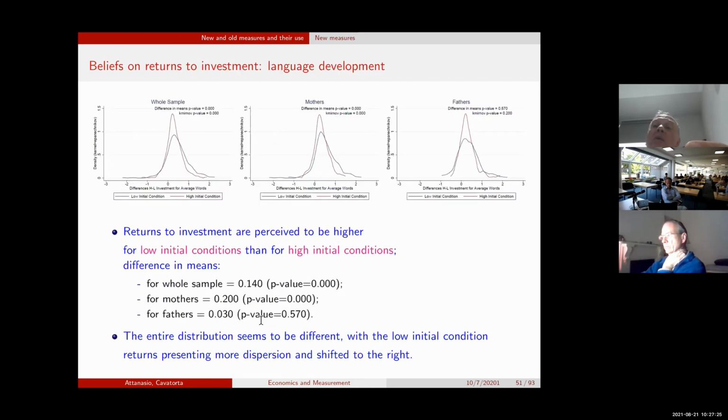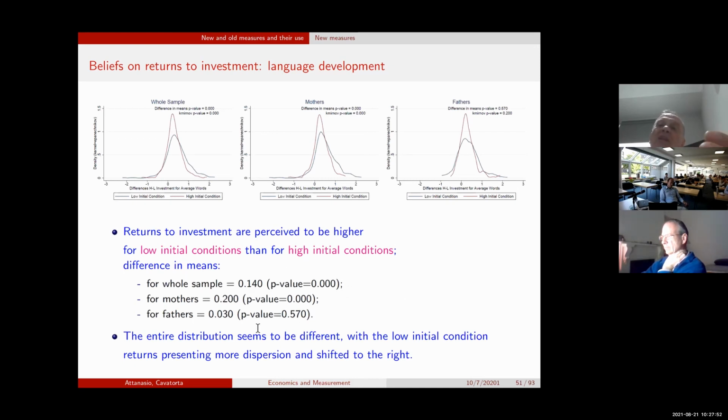And then what we get, again, yesterday I told you that for language development, the subjective returns are higher for the low initial conditions and for the high initial conditions. And this is for the whole sample, for mothers and fathers. So this is the difference between high and low.